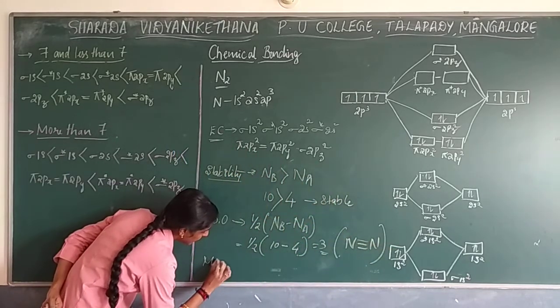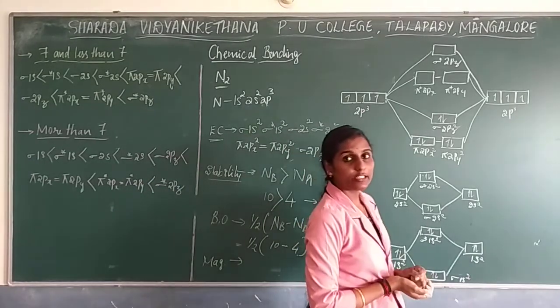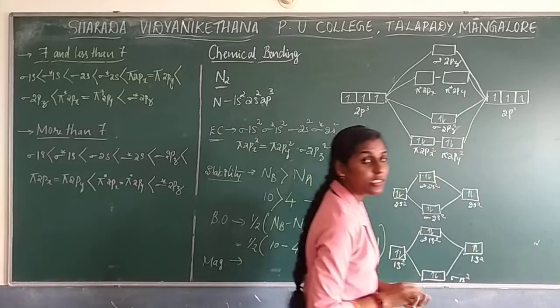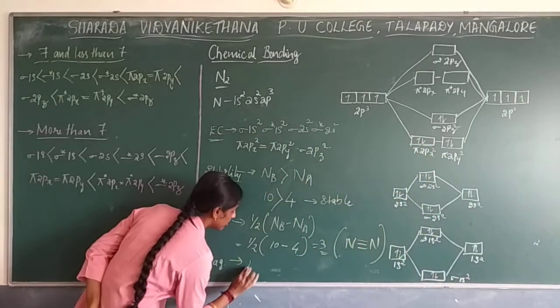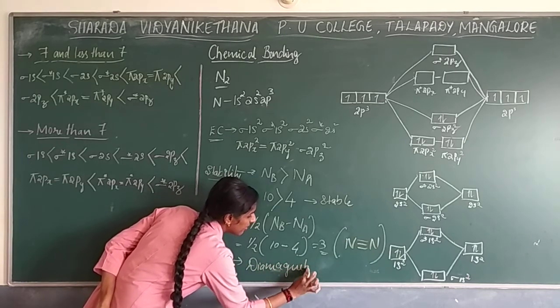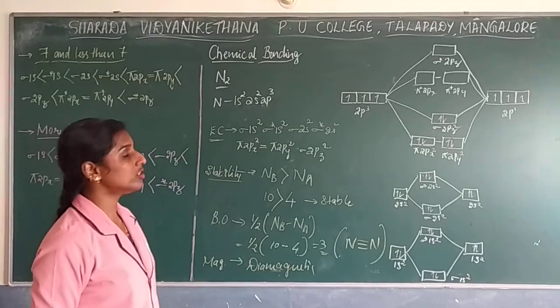If you consider magnetic property, whether it has paired or unpaired electrons, all are paired. So it is diamagnetic in nature. So this is regarding the structure of the nitrogen molecule.